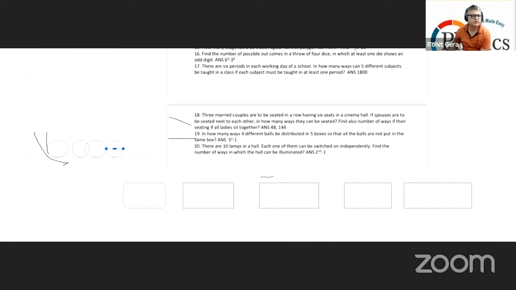Fill them. Okay, so wait, you have to fill up. Okay, so the balls are not put in the same box, which is fine. These are four different balls, by the way. Okay, so they are distinguishable. So five spots to be filled up with four.